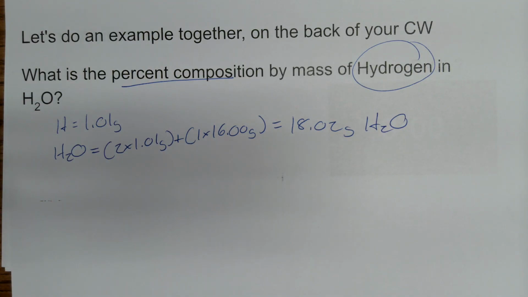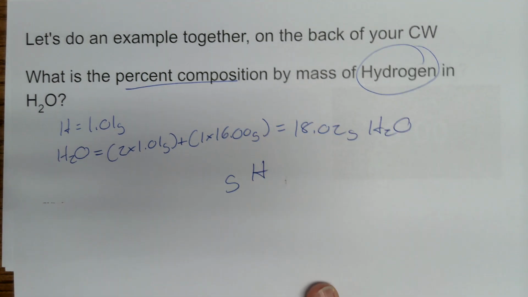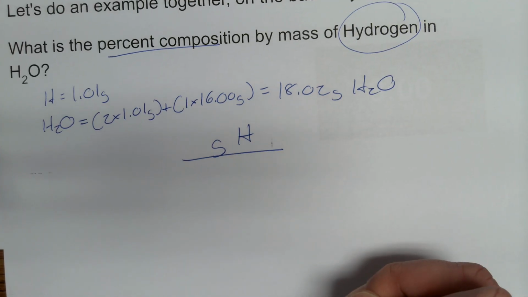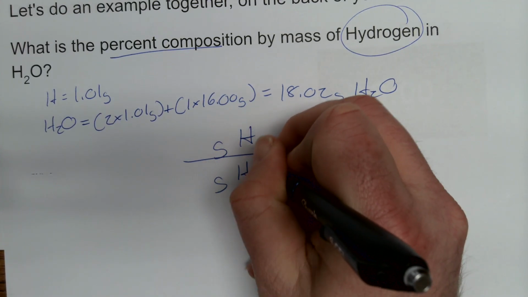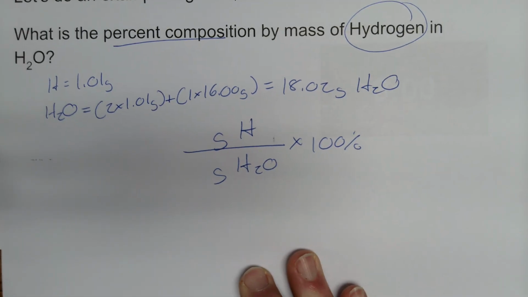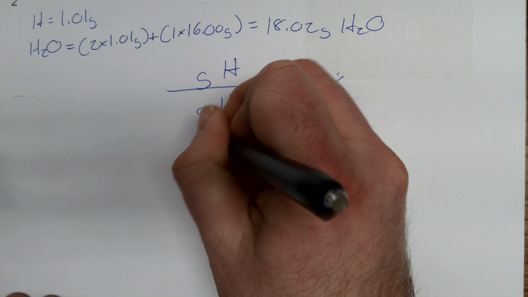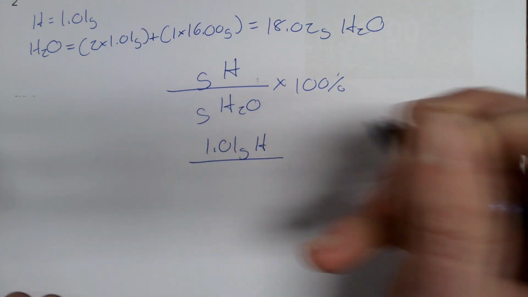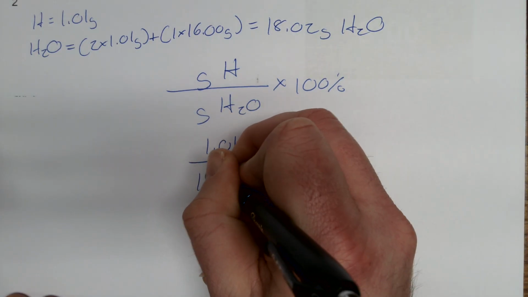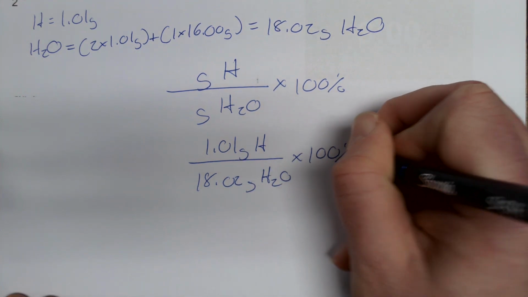I have everything I need now to answer my question. Because my formula, I'm going to take the grams of hydrogen, divide that by the grams of my compound, which is H2O, and multiply that by 100%. So if I walk that out, that is 1.01 grams hydrogen divided by 18.02 grams H2O multiplied by 100%.